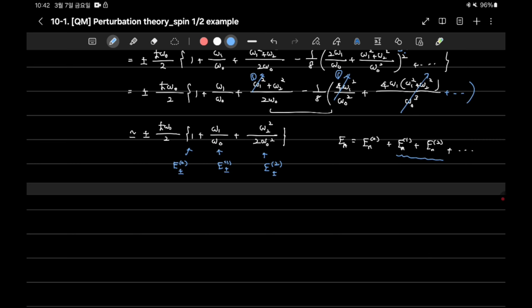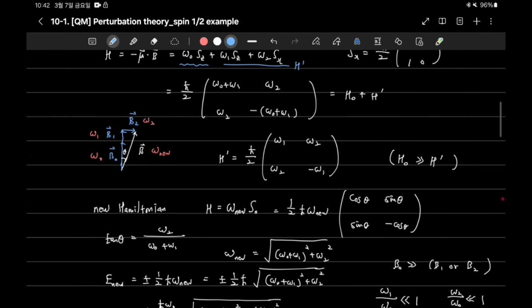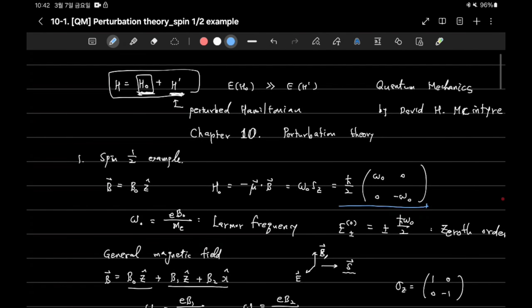So basically, the Hamiltonian can be separated into the exactly solvable Hamiltonian and a small perturbed Hamiltonian, and in general it can be extended as a Taylor series.